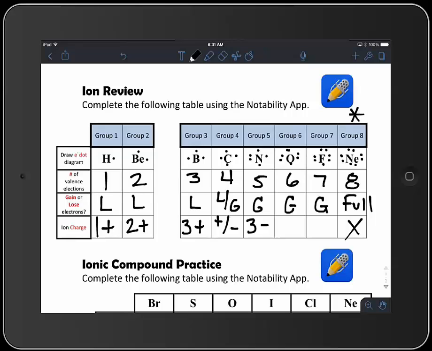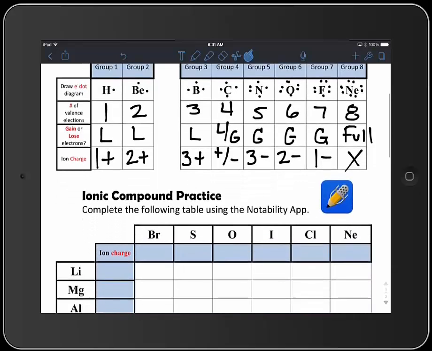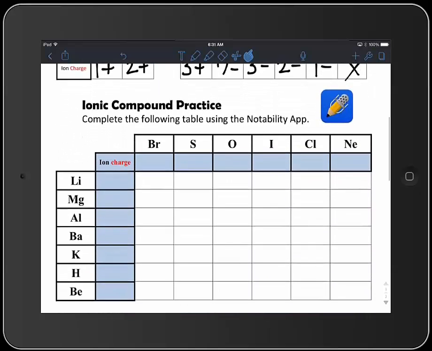And then group 6 is going to gain 2, so that's going to be 2 minus. Group 7 will gain 1, and so that'll be a negative 1. And so you can just look at the groups where each of these elements are at in order to determine the ionic charge of each of these.